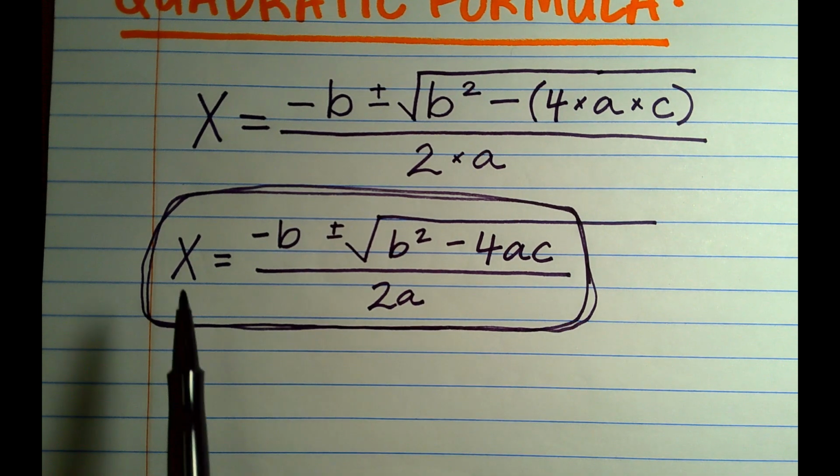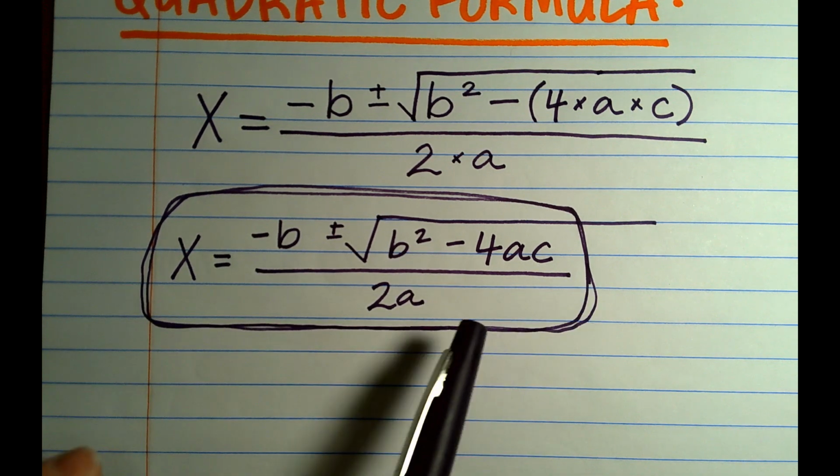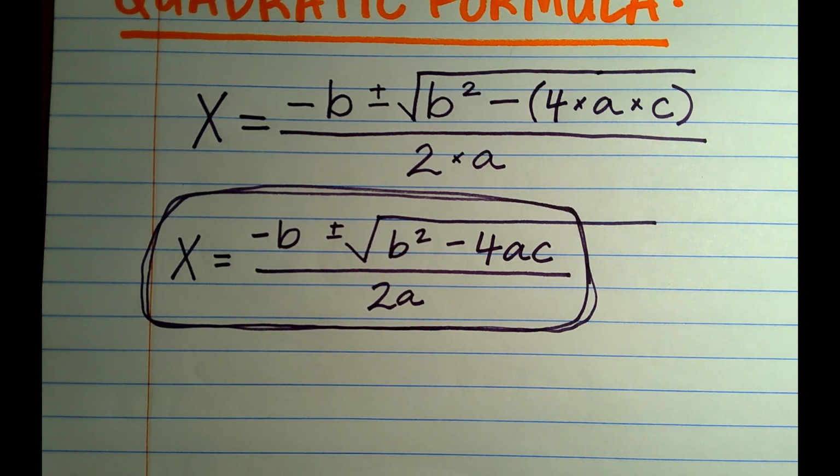Now, this is a long formula, and I don't typically expect you guys to memorize anything in here. However, the song that I was referring to is a song that helps you memorize the quadratic formula, because since there are so many parts that you need to plug numbers into, knowing it really well makes it so much easier to use rather than having to go back and double check every single letter that you're writing.